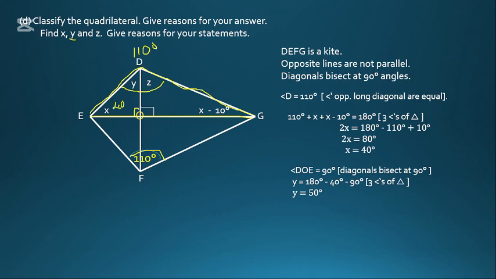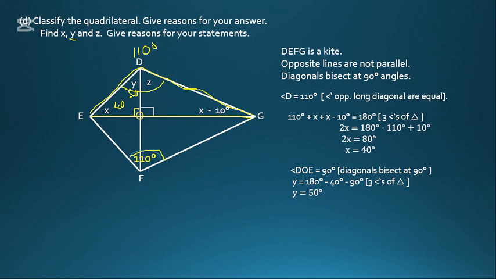Next step, y is equal to 180 minus this 90 minus that 40 there. Three angles of a triangle, and y is equal to 50. Right, 50 degrees. Now the last one is z. What do we know? We know that the angle from there to there is 110, which means that y plus z is actually 110.